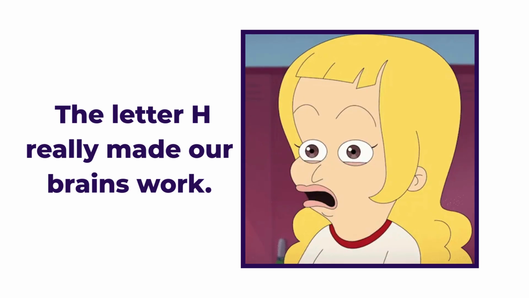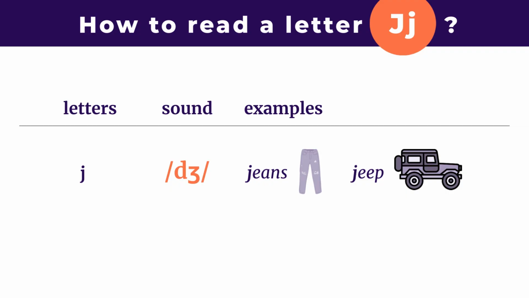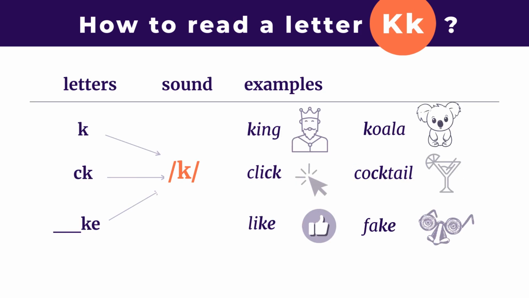The letter H really made our brains work. But let's continue. The letter J is simple. It is J. Examples: jeans, Jeep. K, CK, and KE make a sound K. Examples: king, koala, click, cocktail, like, fake.